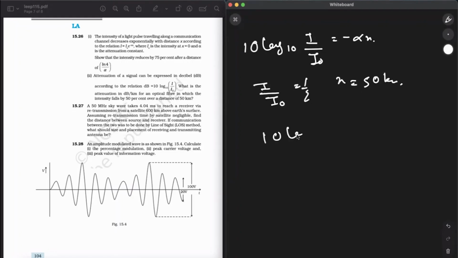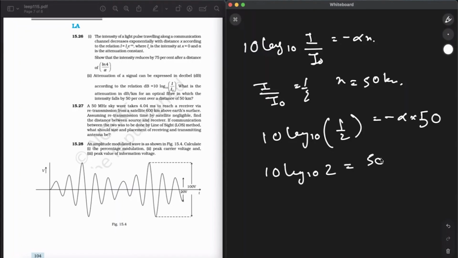Then 10 log base 10 of 1 upon 2 is equal to minus alpha into 50. I can write 10 log base 10 of 2 is equal to 50 alpha. So alpha is equal to 1 upon 5 log base 10 of 2.